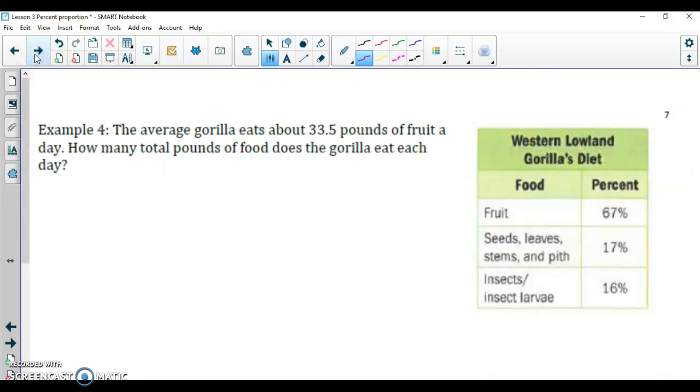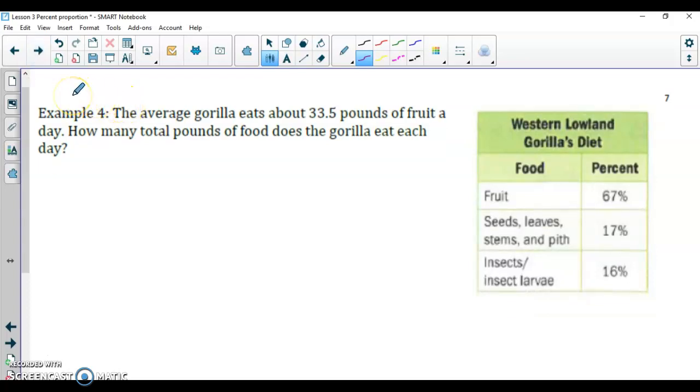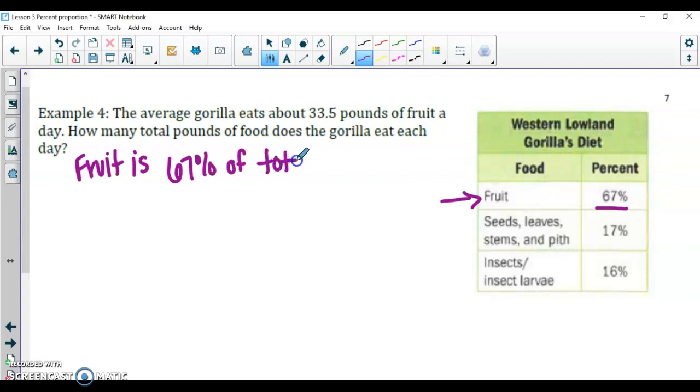Moving along to number 4: the average gorilla eats about 33.5 pounds of fruit a day. How many total pounds of food does the gorilla eat each day? In this example, you need to keep in mind that the fruit is 67% of the total food.